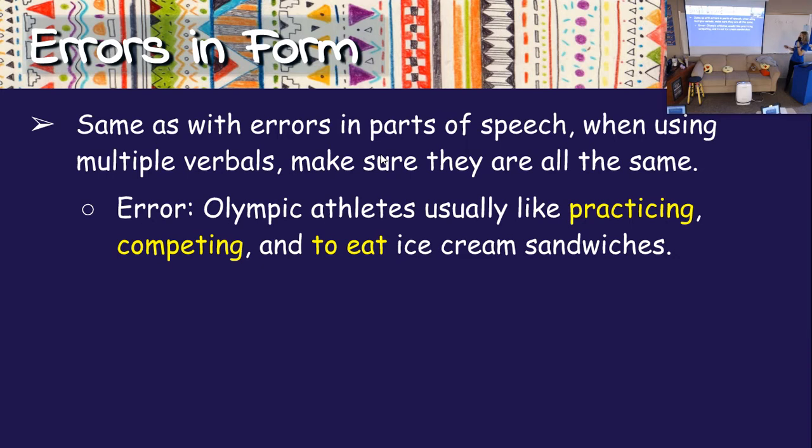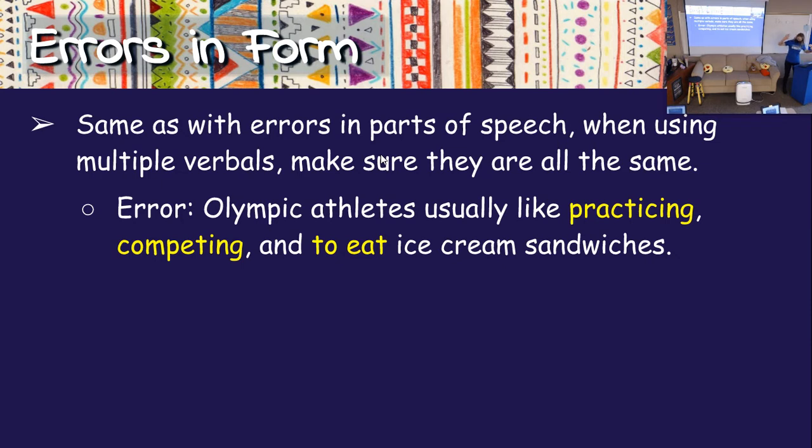What type of verbal are practicing and competing? Who remembers? Looks like a verb, ends in -ing, it's in the place of a noun. That means it's what kind of verbal? Yeah, the gerund. Oh my gosh, you guys, Marcus wasn't even here yesterday and he's answering my question.